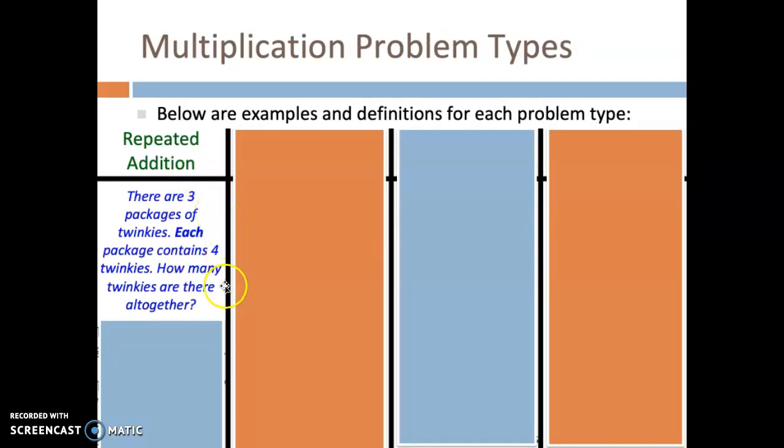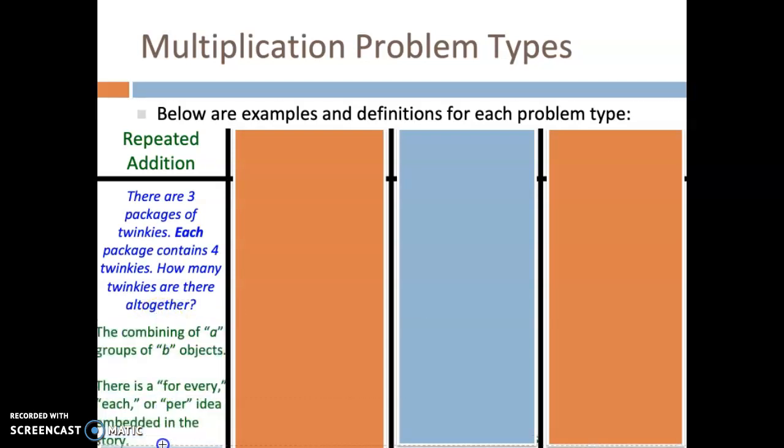Now, this is something that we reviewed in lessons 9 and 10. Repeated addition. So here's an example. There are 3 packages of Twinkies. Each package contains 4 Twinkies. How many Twinkies will there be all together? Let's take a look. This is a combining of A groups of B objects.